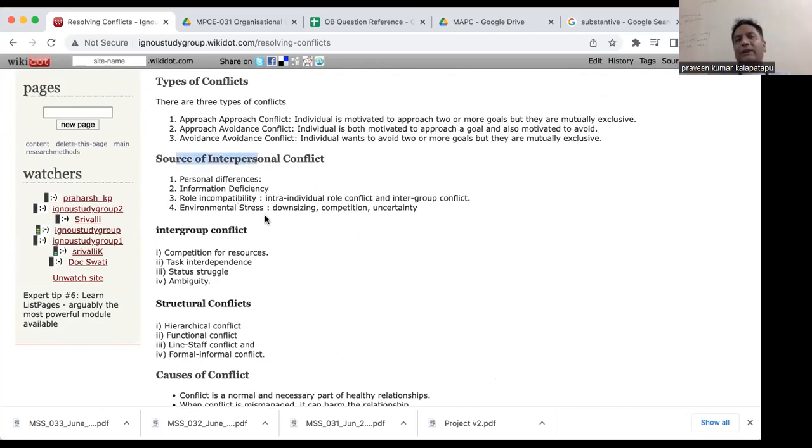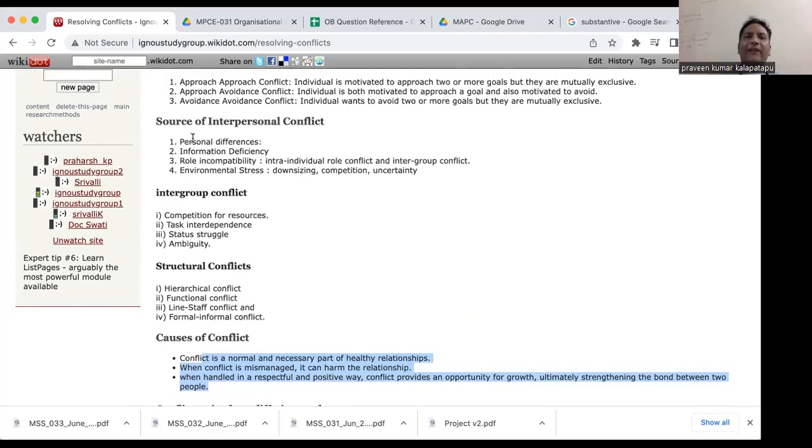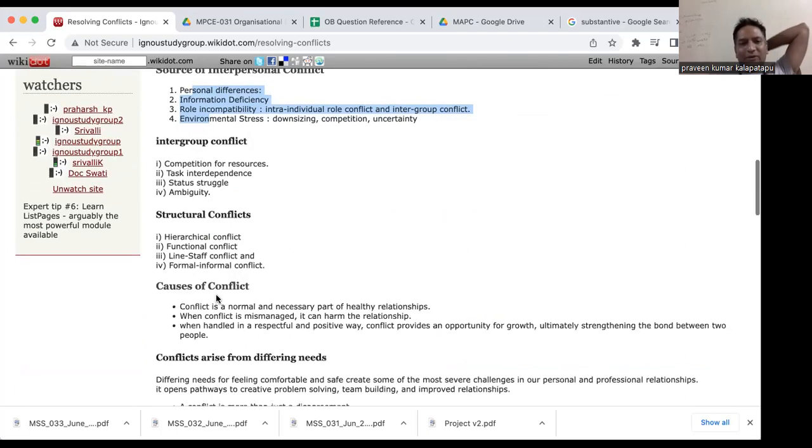Source and cause are almost similar words. What I could say is these are the types of interpersonal conflict, under types of conflict. Okay, so now coming to causes.